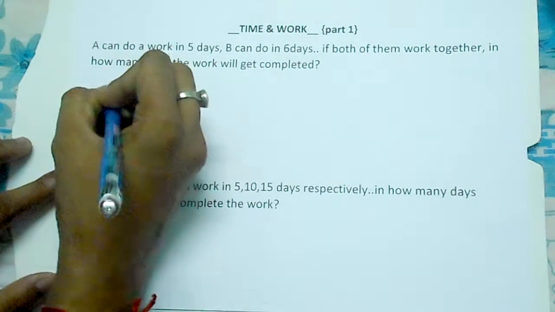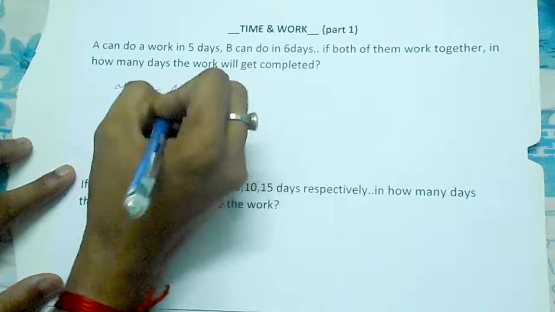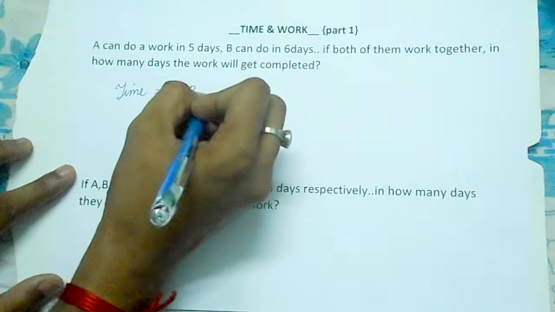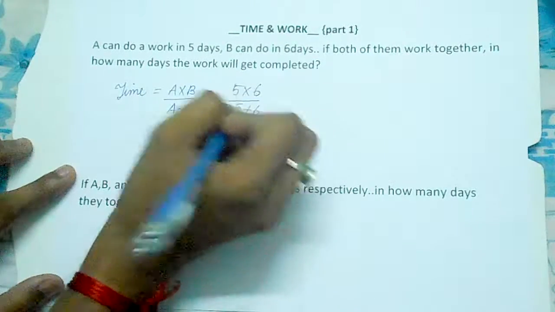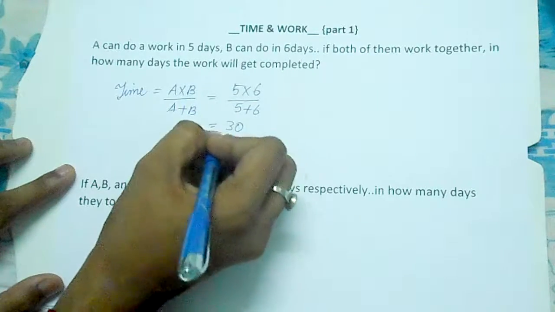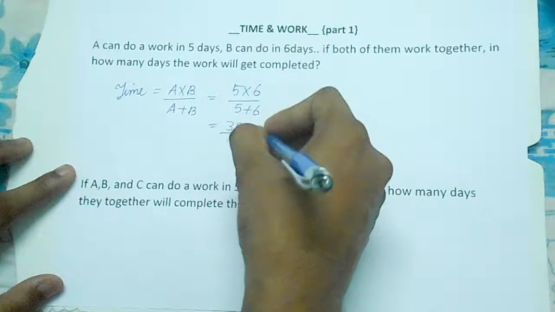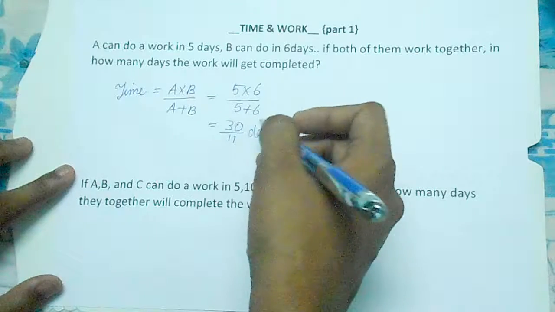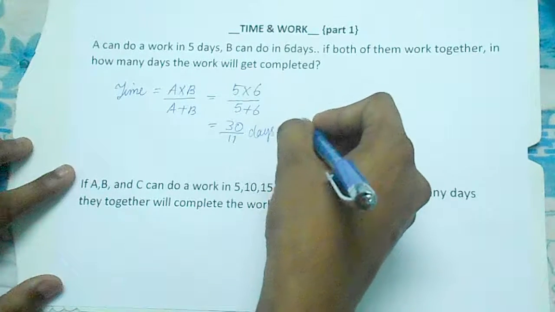So time equals A into B by A plus B. I am multiplying A into B and dividing it by A plus B. So 5 into 6 divided by 5 plus 6, so 30 by 11, which is equal to 2 8 by 11 days.